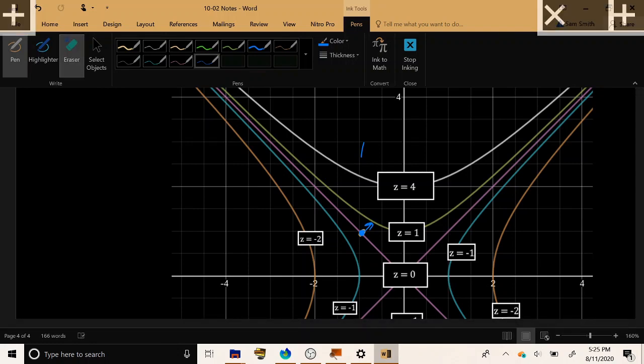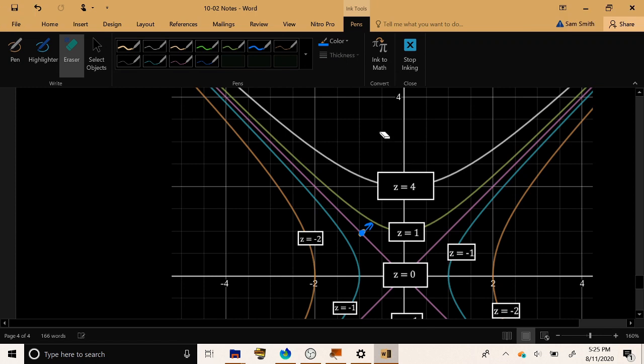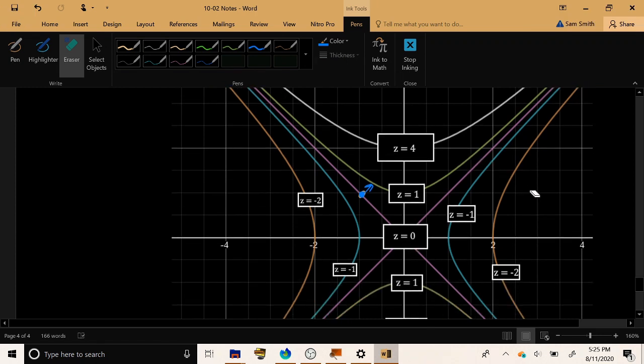And so the blue vector that I have drawn on this contour map satisfies both conditions. It is increasing as fast as possible because it is getting away from its current level curve as fast as it possibly can. And it is in the positive direction because it's pointing toward a higher z value.